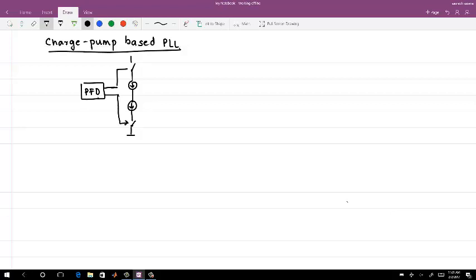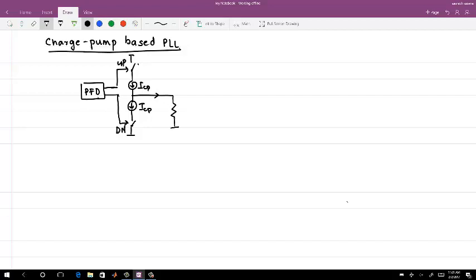So we have ICP current, these are switches, and all these can be your CMOS switches. Current is ICP, both top and bottom current, which is pushed into the loop filter.